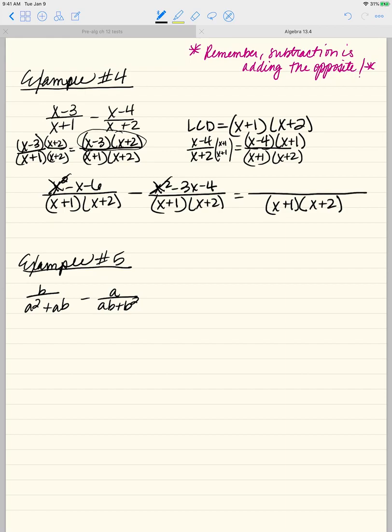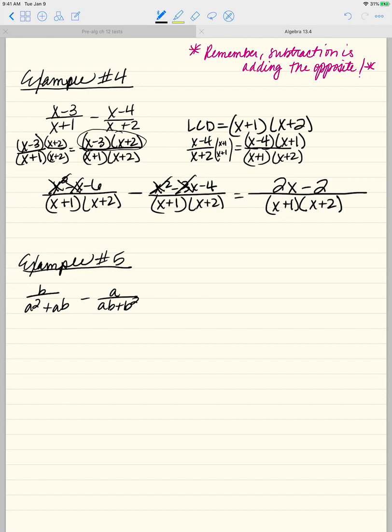So negative 1x plus 3x gives me 2x. There go my x's. And then I have negative 6 minus 4, so that is negative 6 plus 4. So that's 2x minus 2 all over x plus 1 times x plus 2.